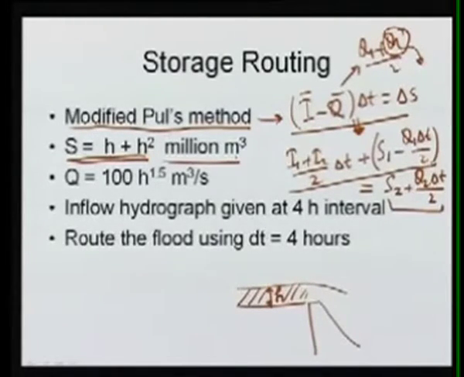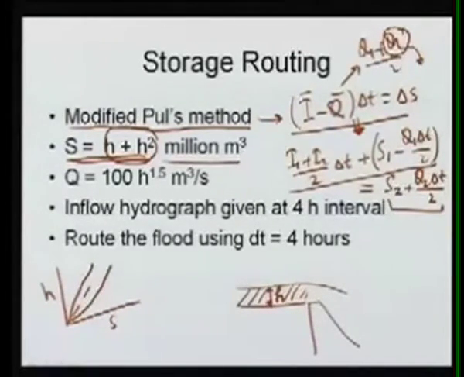Just for our computational sake, we will assume this equation, but typically it will be given in the form of a graph of h versus S, and generally the form of the equation will depend on the topography of the area and the nature of this variation may be linear, may be quadratic. So in this case we have assumed a quadratic distribution, S as h plus h square.